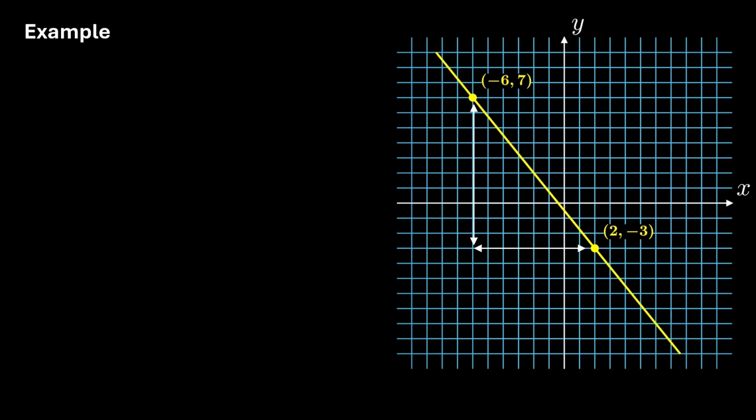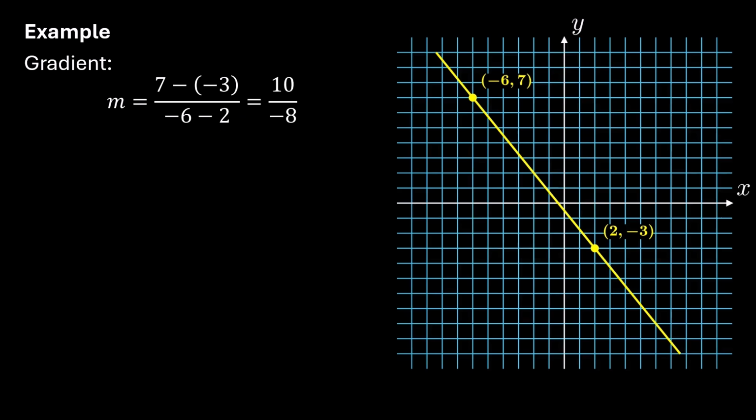So the gradient m equals 7 minus minus 3 divided by minus 6 minus 2, which equals 10 divided by minus 8. This fraction in its lowest form is, of course, minus 5 divided by 4. So we have that the gradient m is equal to minus 5 divided by 4.